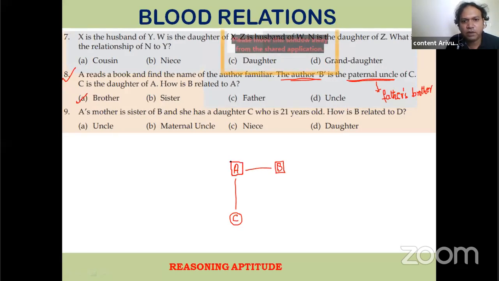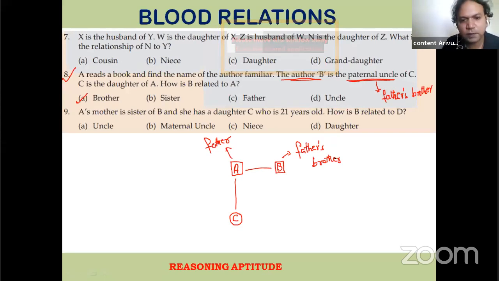A can't be mother because that way it will become maternal uncle. So A has to be the father of C. A is father. And B has to be father's brother. Correct? That's the only way of presenting the information here. Because if I by chance take A as mother, then that will not happen. Okay.